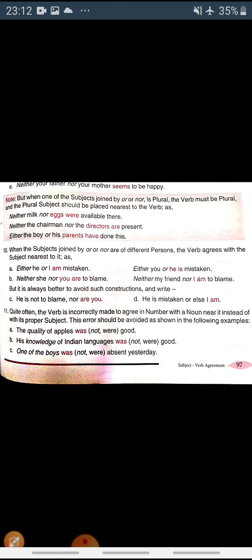Now here the proper subjects are quality, knowledge and one of the, but we are taking the verb according to the nouns, that is apples, languages and boys. Here with apples we are using a singular verb, with languages a singular verb, and with boys also we are using a singular verb.